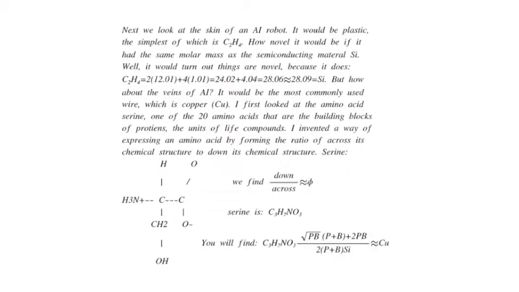We add going across: H3N, C, COO. If you add those up and divide down by across, you get phi, the golden ratio conjugate. Serine has the chemical formula C3H7NO3. If you multiply C3H7NO3 by the square root of PB times (P plus B) plus 2PB over 2 times (P plus B) times Si, you will approximately get the metal copper.